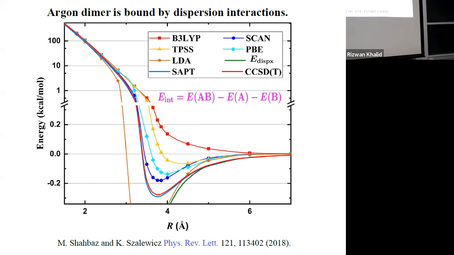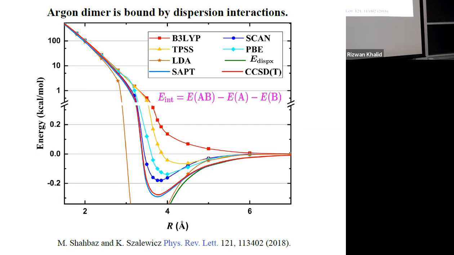The red and blue lines are benchmarks, CCSD(T) and SAPT, very accurate wave function theory methods, which produce almost exact interaction energy, and almost the entire interaction energy in this region is due to dispersion interactions. So if those interactions are not here, no two argon atoms could have a minimum.